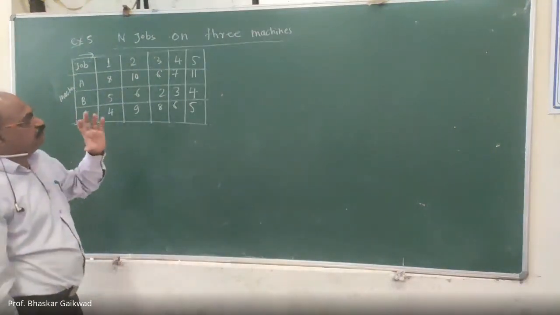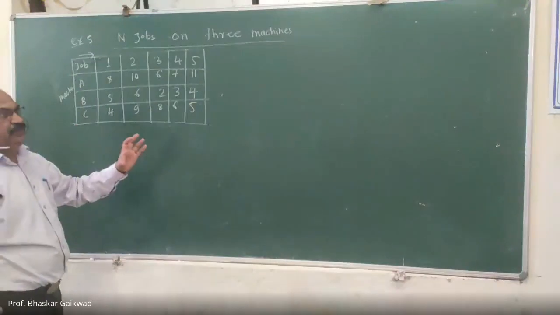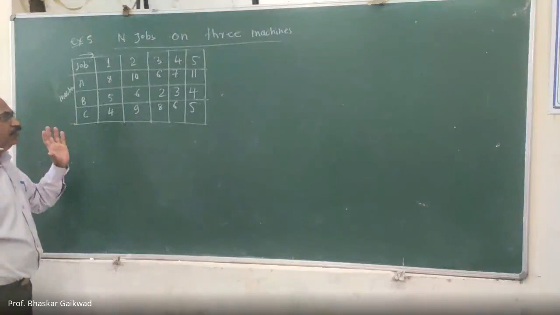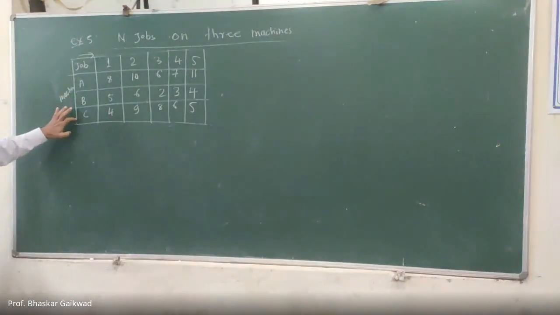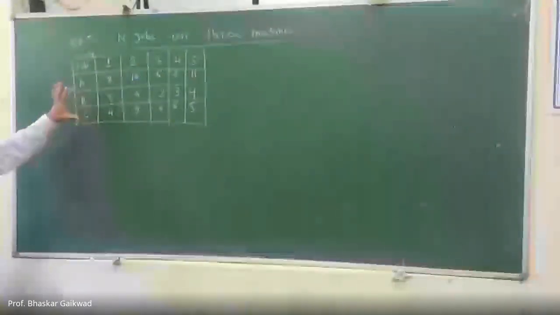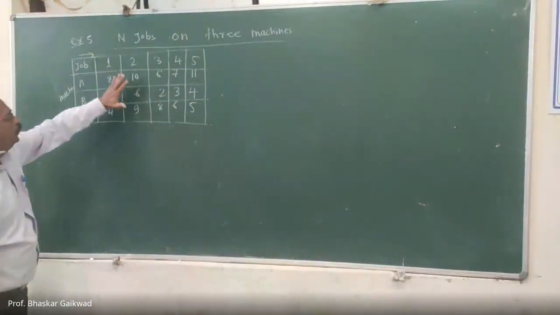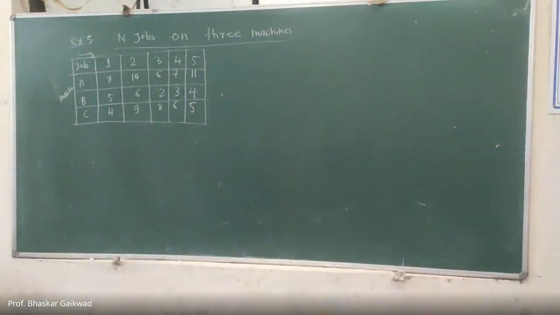How to make the sequence of three machines, how to calculate the elapsed times for the machine of the particular job, what is the idle times for machine A, machine B, and for the machine. So this thing is actually we required to study for this problem. Okay. So let us start from the first point.